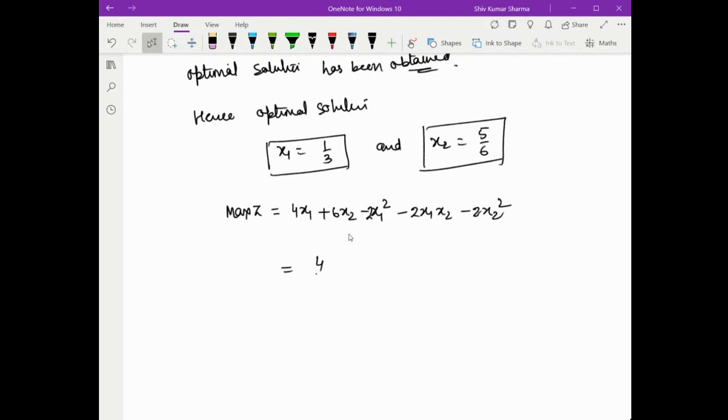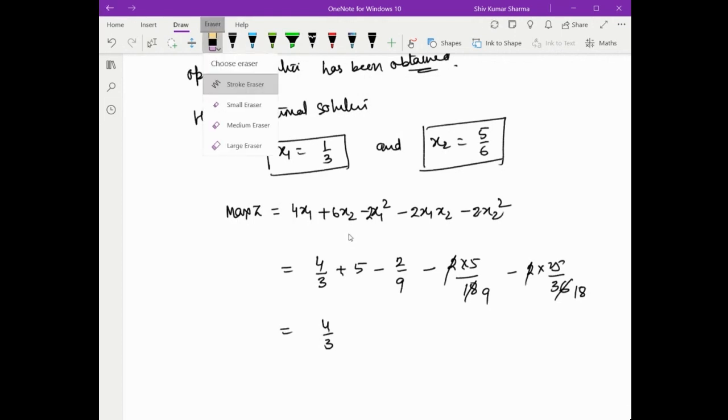So you put the values: 4 by 3 plus 5 by 6, minus 2 by 9, minus 2 into 5 by 18, minus 2 into 25 upon 36. So this is 4 upon 3, 2 nines are 18, 2 eighteens are 36.